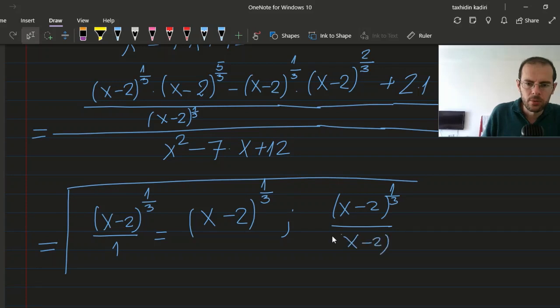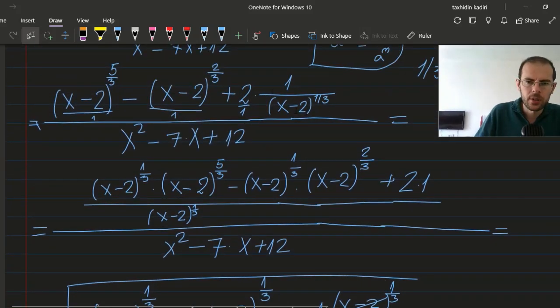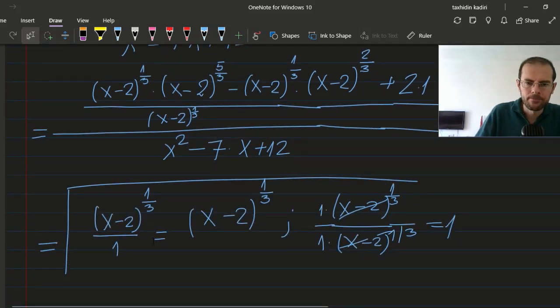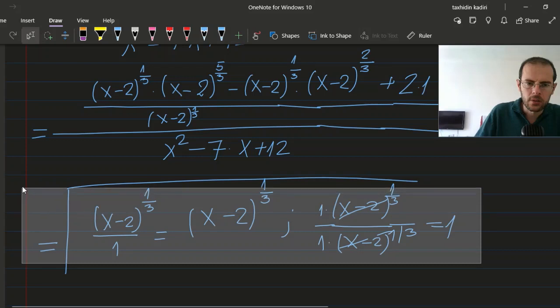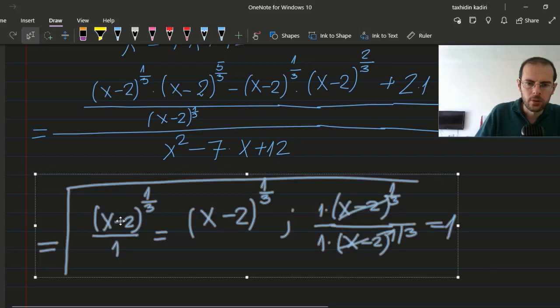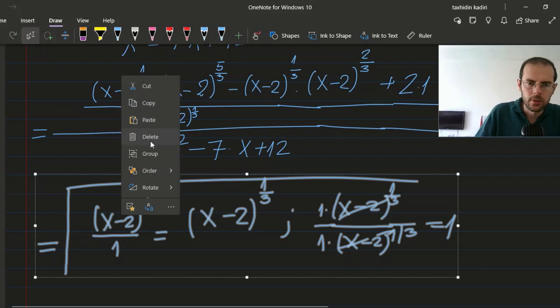(x minus 2) to the power 1/3. This expression and this expression are the same. You can write 1. This will be simplified, it's 1. Can you see this expression, base (x minus 2) to the power of 1/3 divided by this, it's 1. Now we can delete this.